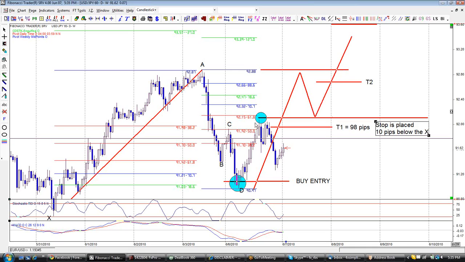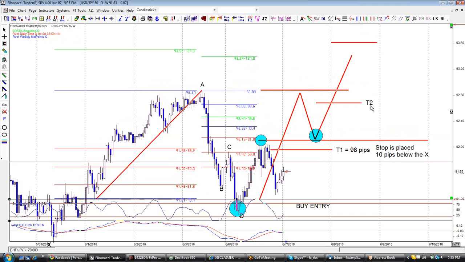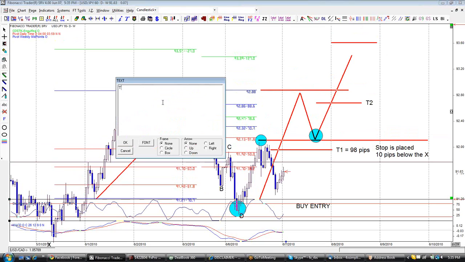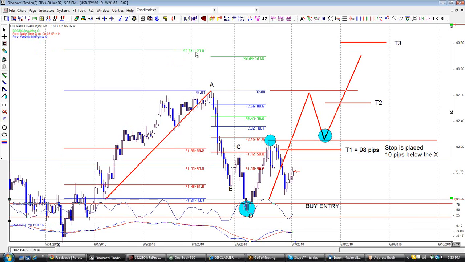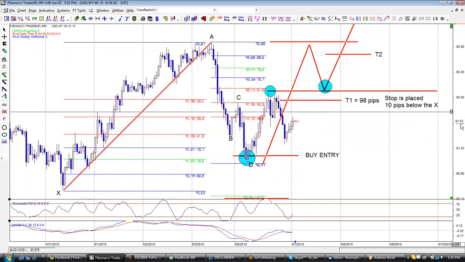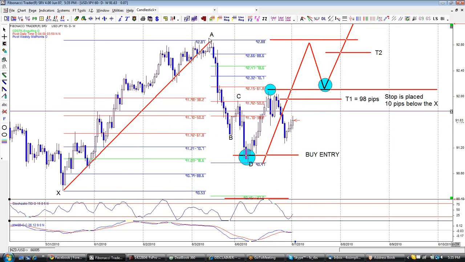Here price might bounce off this level and continue to trade bullish to hit the third target. And where is this third target? Now, third target is usually based on where and how big this AD was.